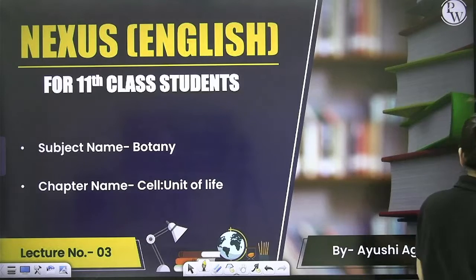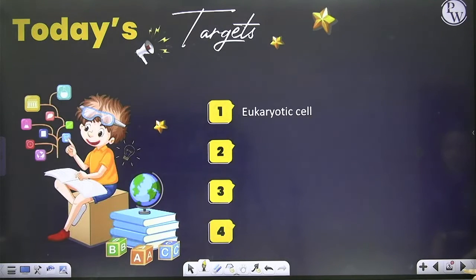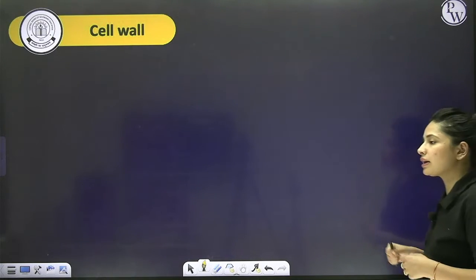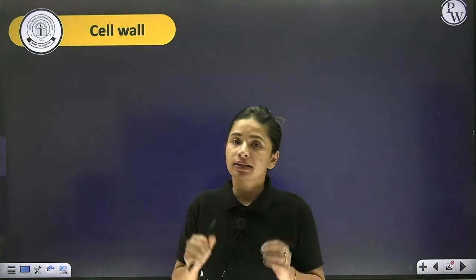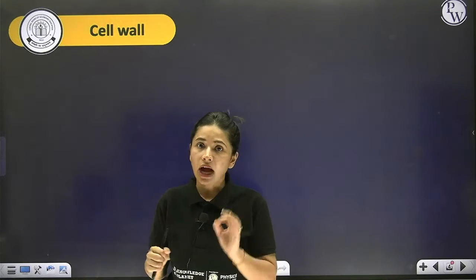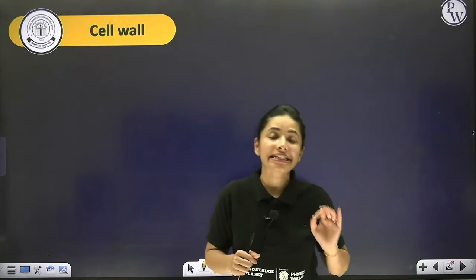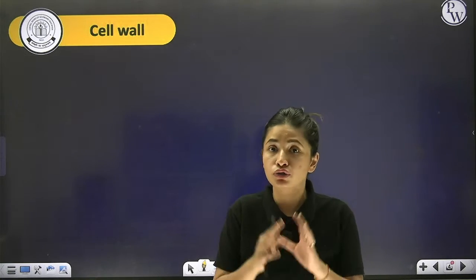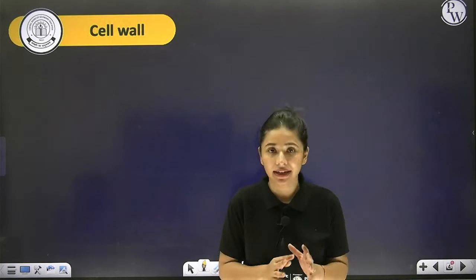So without wasting time, let's directly start with the structural organization of a eukaryotic cell, starting with the outermost layer, that is the cell wall. However, you all know, beta, that the presence of a cell wall is not a feature of all organisms.